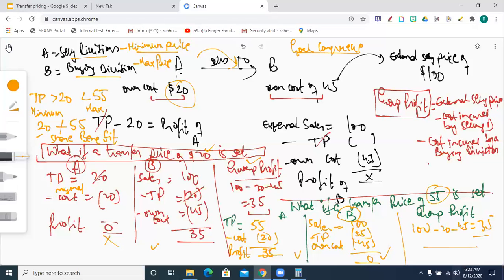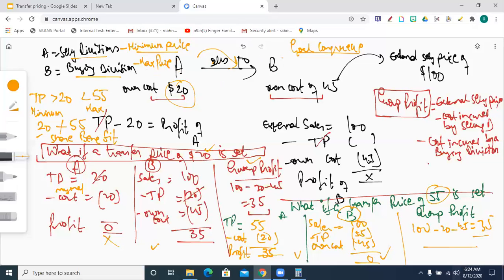So this is the situation where I didn't say that A could sell externally and B could buy from an external supplier. It was an ideal situation where the only production A was doing was for B, but maybe A could have an external market as well.